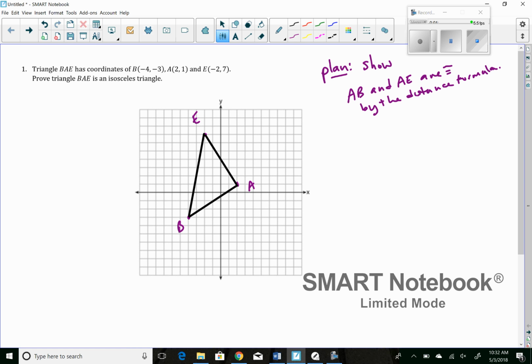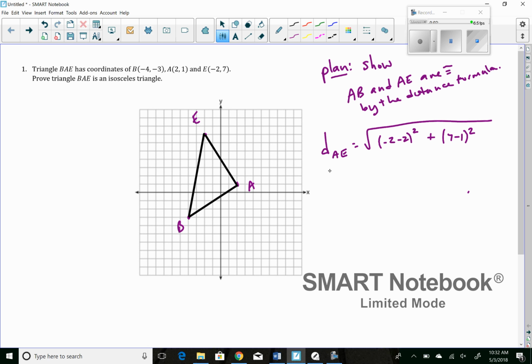So I have to find the distance of AE. So from A to E, I'm looking at the change of the x values, so they go from -2 minus 2 squared. And the y values from A to E, so that's 7 minus 1 squared.